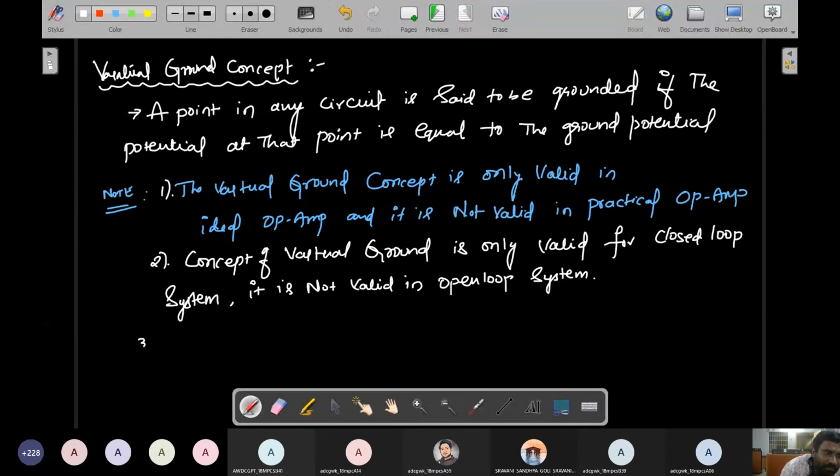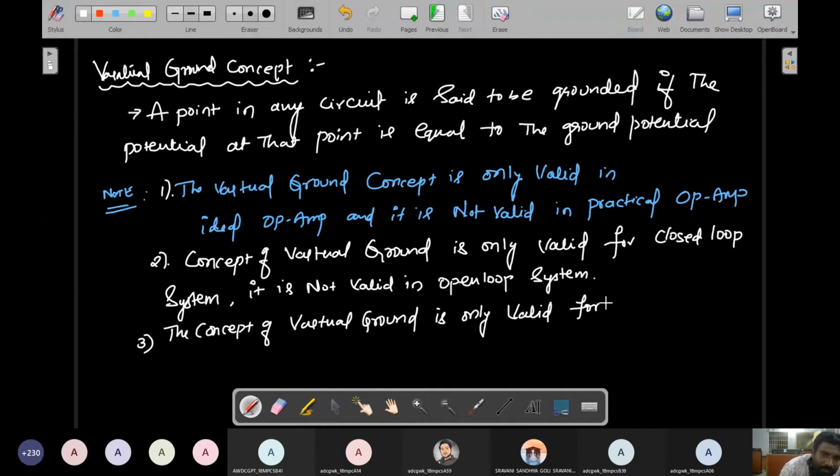And the third point is that the concept of virtual ground is only valid for a negative feedback system.